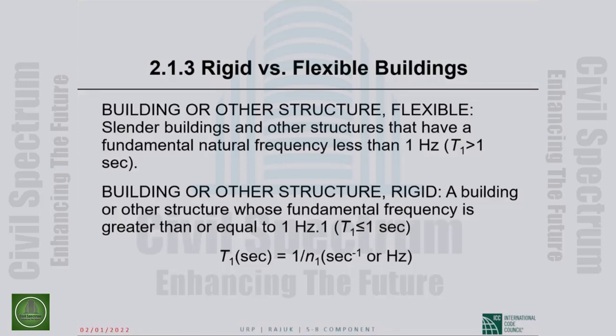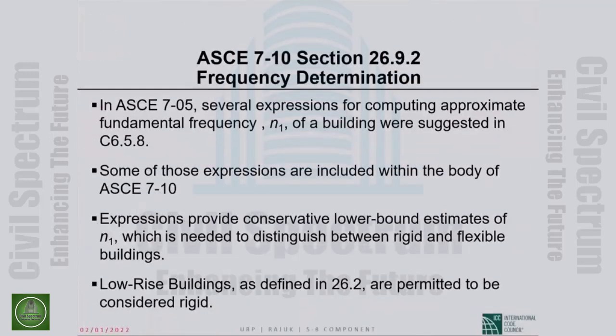So when the period is less than or equal to 1 second, it is a rigid building. When it is larger than 1 second, it's a flexible building. Don't go to frequency would be my advice. Or if you see frequency, take the reciprocal and then you'll be oriented. I always feel oriented when I have gone from frequency to period.